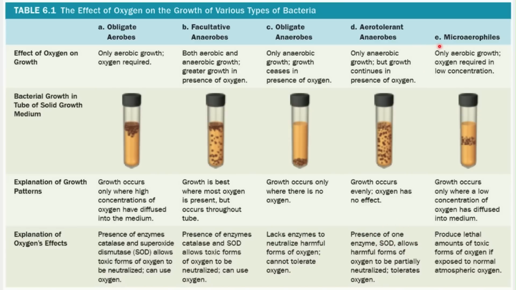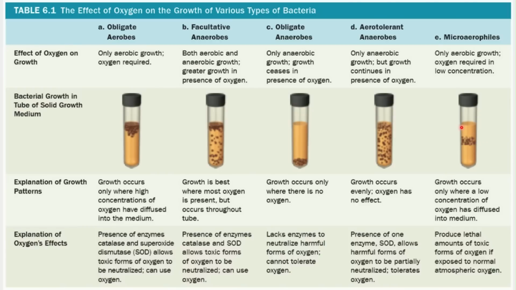Lastly, and this is the category that often gets confused with aerotolerant anaerobes, are the microaerophiles. These organisms require a small amount of oxygen, but they're not able to deal with the lethalness of oxygen entirely, and that's because they lack the enzymes to process the toxic forms.